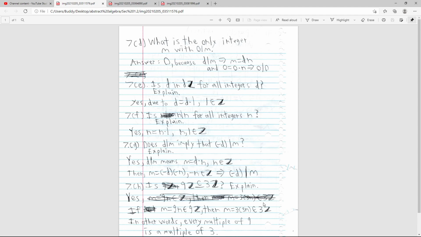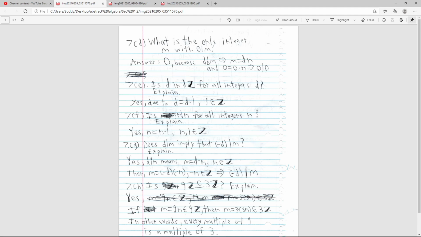What is the only integer m with 0 divides m? Okay, so it's basically saying m divided by 0. Technically, for this subject, this is a true statement, but hold on. 0 is the only one that could work hypothetically. I think you can admit, even if it doesn't make the most sense, 0 divided by 0 might be the best.